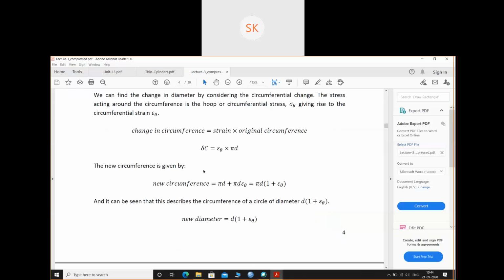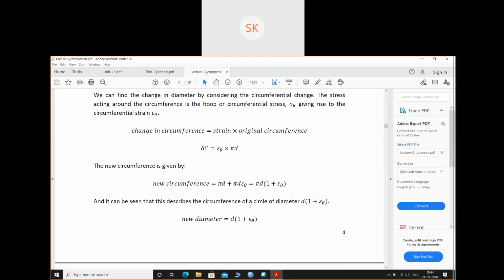The new circumference is the original pi d plus the change in circumference, pi d epsilon theta. Taking pi d common, the new circumference is pi d (1 plus epsilon theta).